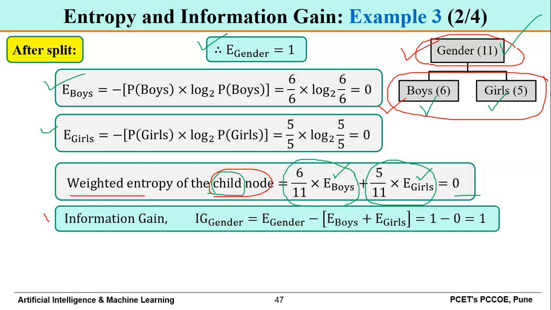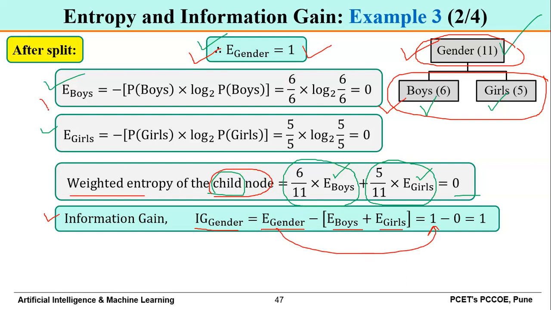Therefore, once we calculate the entropy, we can calculate the information gain. So the information gain for the gender is the entropy for the gender, which we calculated as 1, minus the sum of the individual entropies for the child nodes.